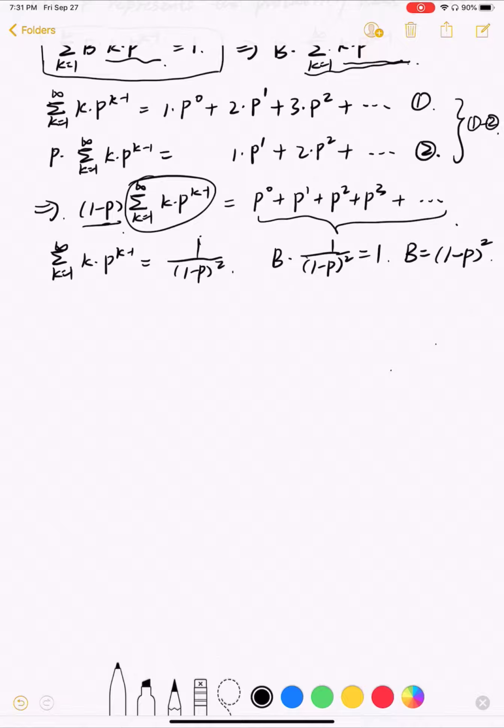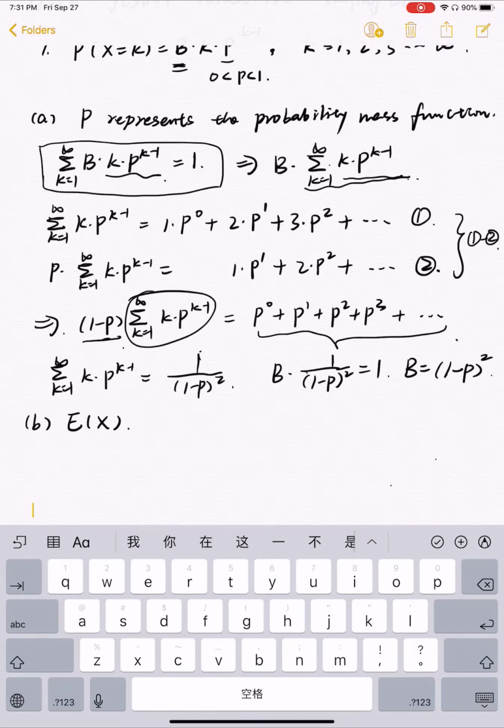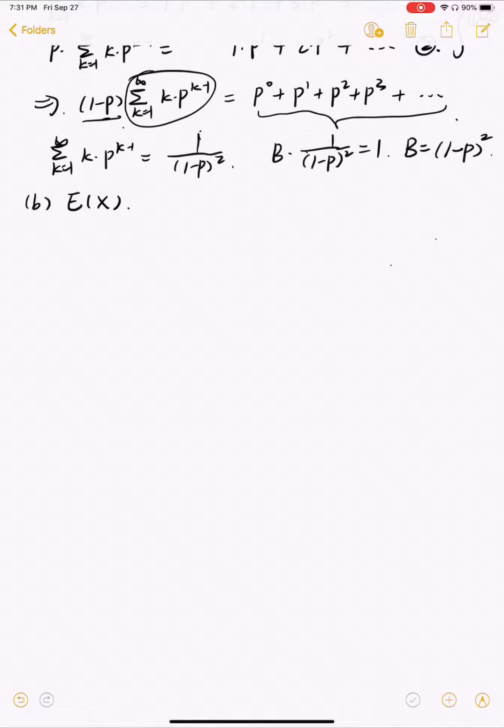Question B is to find the expectation of X. Firstly, we need to write the expression of the expectation of X. Expectation of X should let every k multiply every probability, then sum that up.